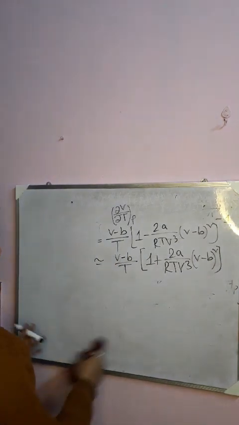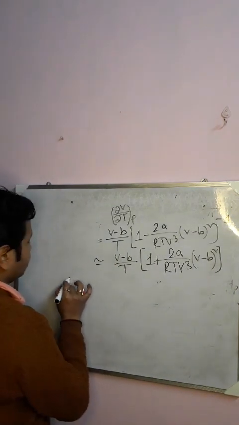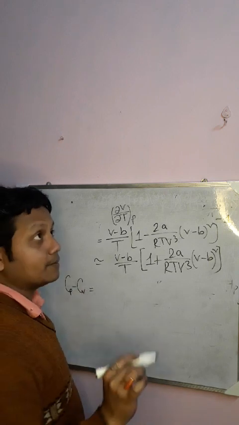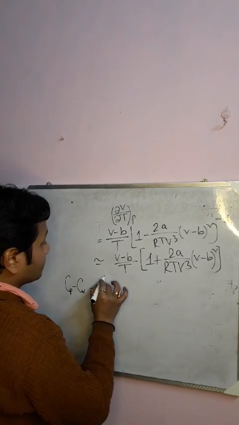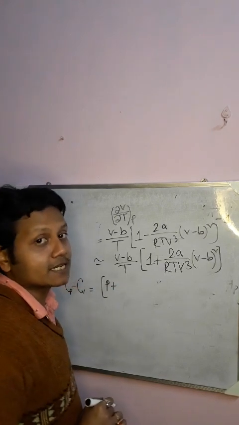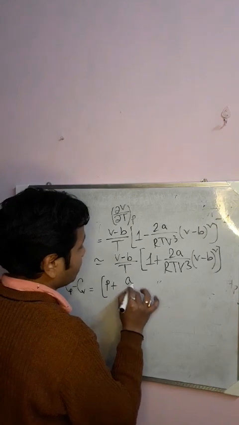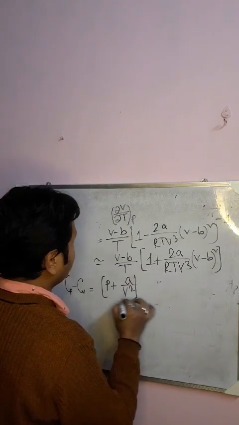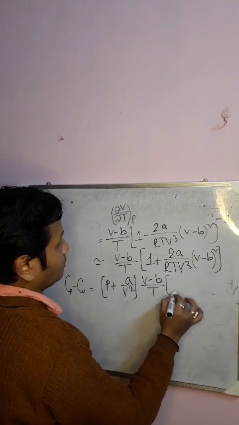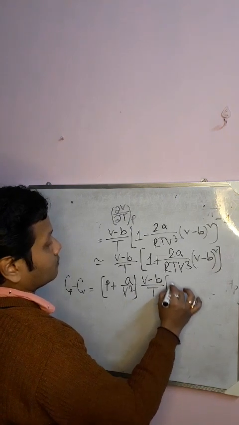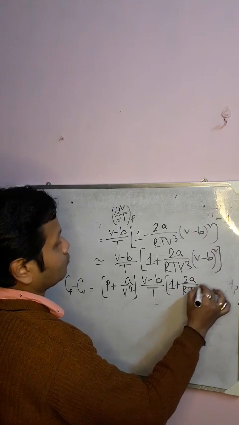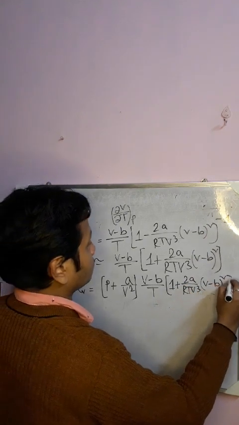So what would be the difference Cp minus Cv? Now P plus del U del V at constant temperature, and we previously derived that for real gases del U del V at constant temperature is A by V square, and del V del T at constant pressure means this: 1 plus 2A by RT V cube into V minus B whole square.